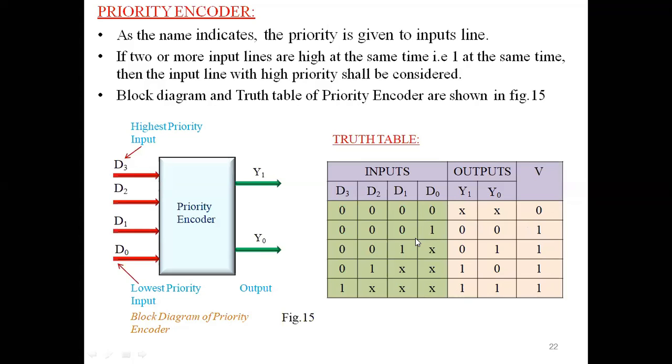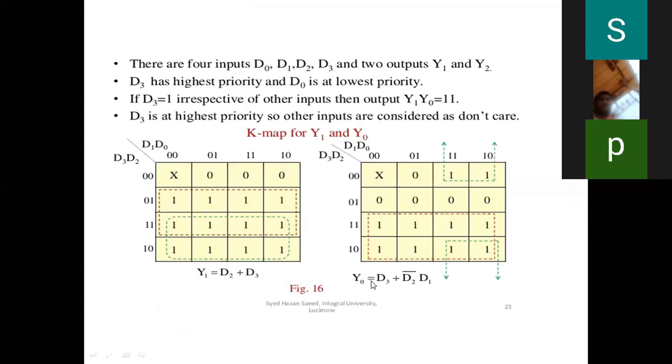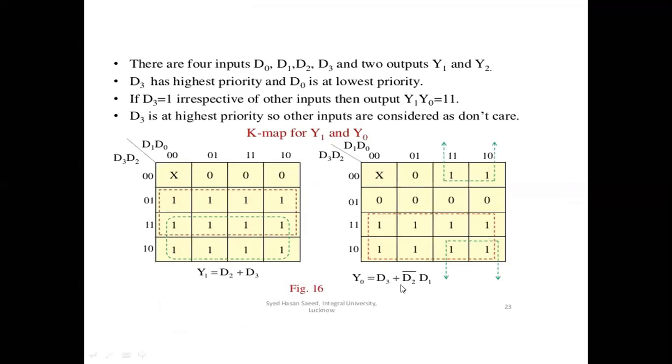Finally, what output do you get for the valid bit indicator? Here we have to find the Boolean expressions for the outputs y1, y0 and the valid bit indicator. y1 is equal to D2 plus D3, and y0 is equal to D3 plus D2 complement and D1. And the valid bit indicator V is equal to D0 plus D1 plus D2 plus D3.